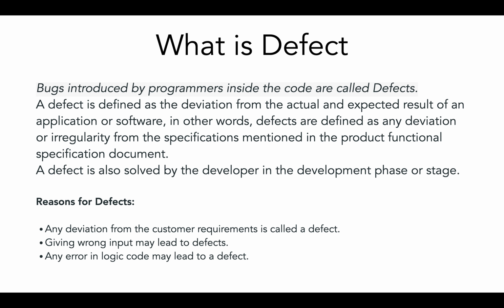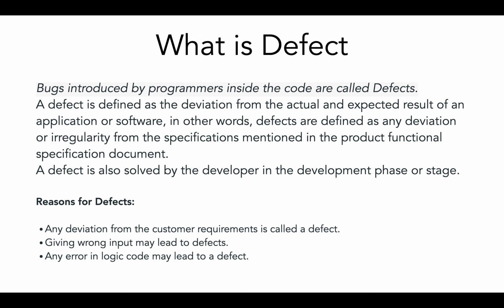Or maybe it's unexpected behavior of the product or functionality, and then it is called a defect. Generally a defect will be found by the tester, or anyone can find it, and it will be solved by our developer in the development phases or stages.